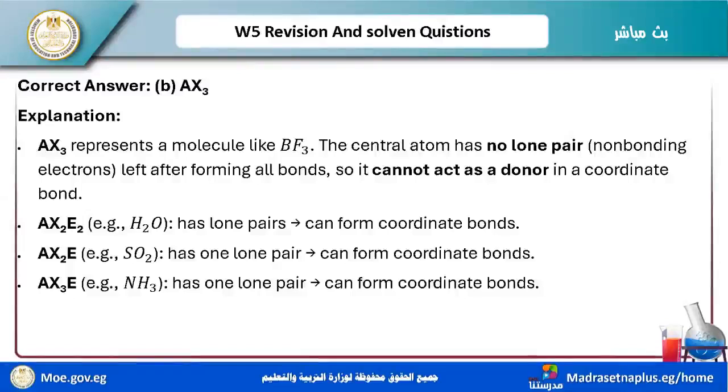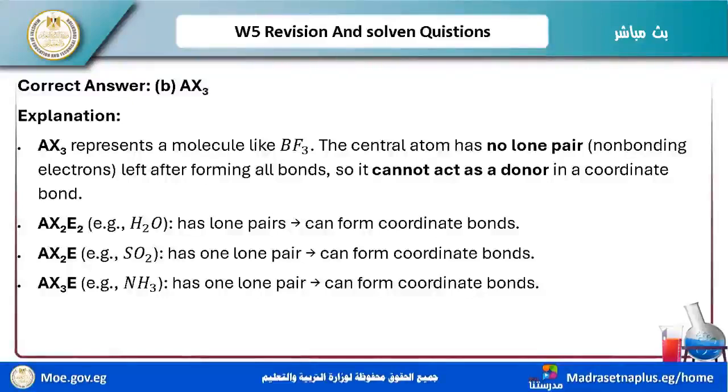When you write the electronic configuration of boron, it is 2s2 and 2p1. You have 3 electrons only. These 3 electrons are 3 bond pairs. So no lone pair electrons are left after forming all bonds, so it cannot act as a donor. No donor central atom in a coordinate bond.